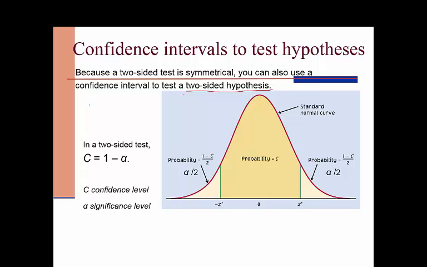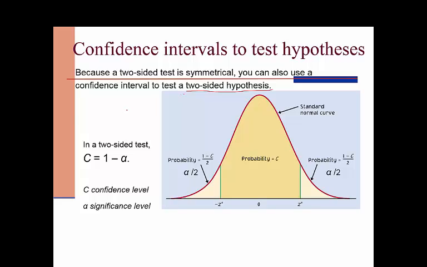And that's in fact what you did in quiz 3. If you go back and look at quiz 3, you did a confidence interval on the miles per gallon, and then you saw if 27 miles per gallon, what you hypothesized about, fell into that confidence interval or not. And if it did, you said the claim was true. If it didn't, then you said the claim was false.